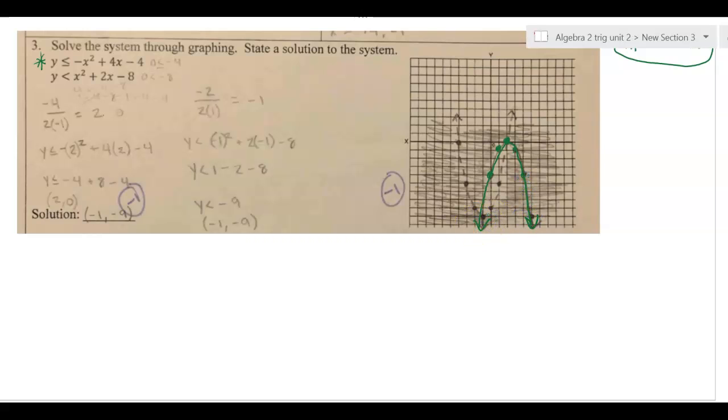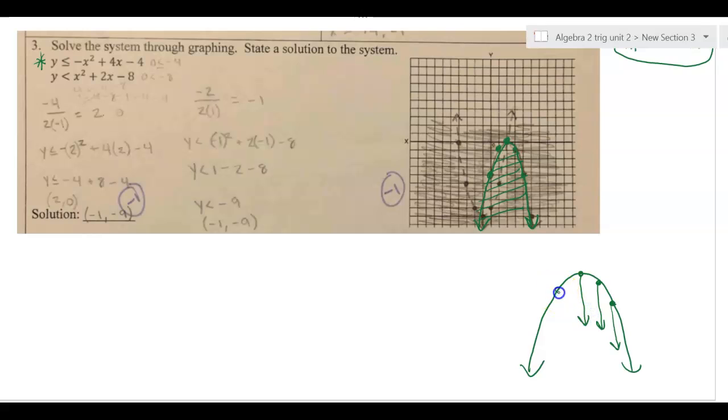Now, it says y is below this, so our shading would be here. And remember, you can make that decision two ways. You can understand that that boundary cuts your graph in half, and you can literally put your pencil on a y value and say, I'm looking for y values that lie below this boundary, and without moving horizontally, just move vertically to the lower y values, and you would see from any point the portion that would be shaded.